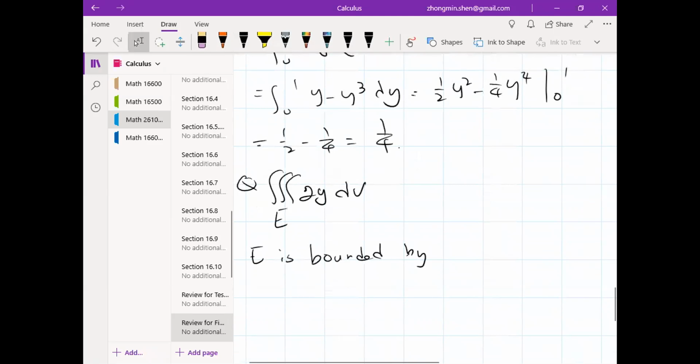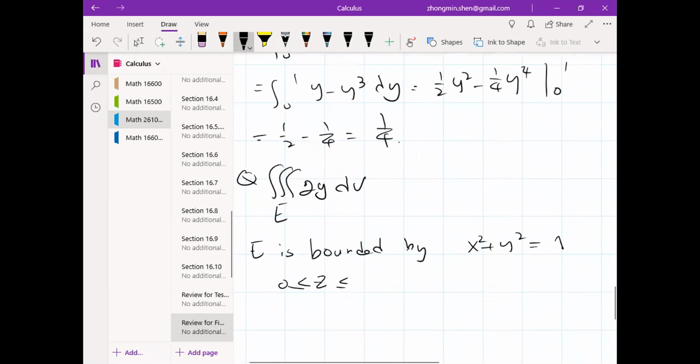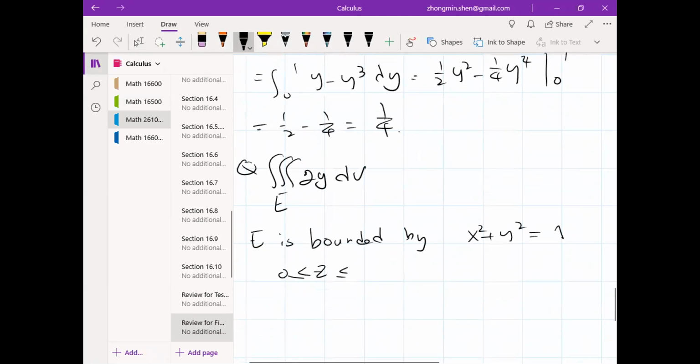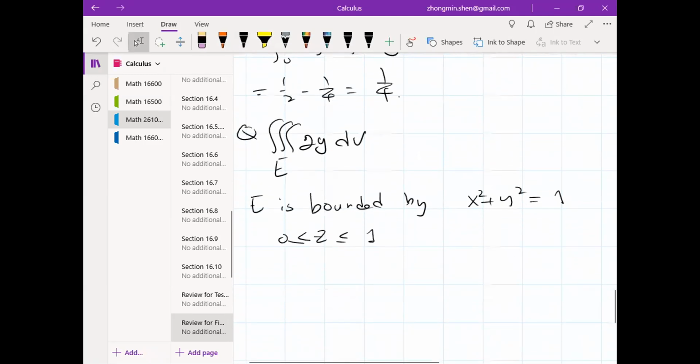Bounded by, for example, the cylinder x squared plus y squared equals 1, and z is between 0 and, let's just make it easier, just between 0 and 1. So the region is this piece of cylinder, a cylindrical container.